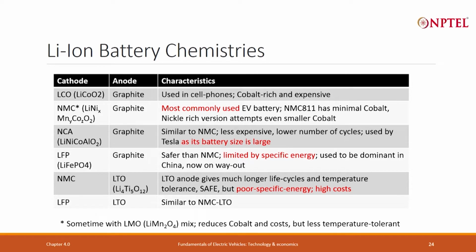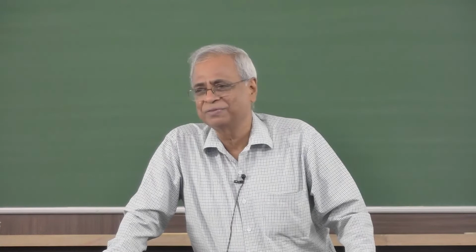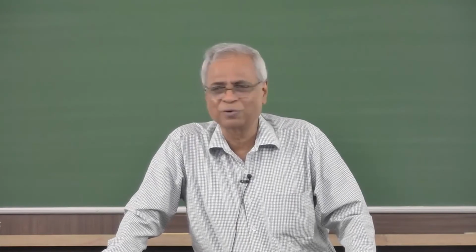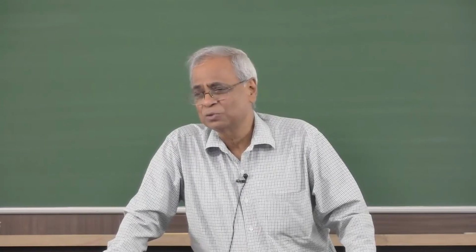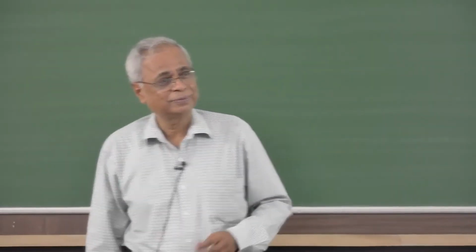You will say, why, if it has a lower number of cycles, is Tesla preferring it? Because Tesla has designed a large battery which lasts 600 kilometers, which means if it has only 1000 cycles, it is 600,000 kilometers. Now, a vehicle in its life does not go more than 300, 400,000 kilometers. So, 1000 cycles is more than enough.